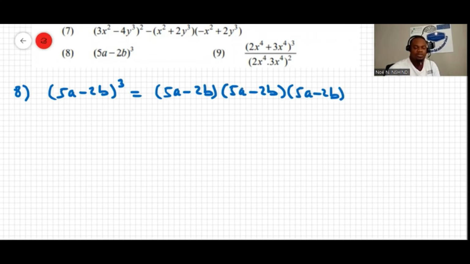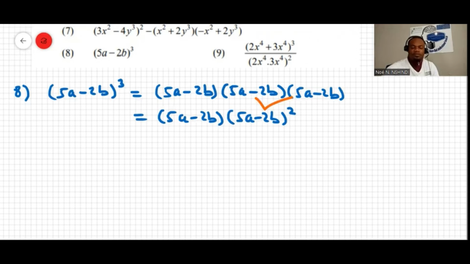Or we can say 5a minus 2b multiplied by 5a minus 2b squared, because all this makes 5a minus 2b raised to the power of 2. Now we can apply the special formula for the square. So we said a minus b to the power of 2 is equal to a squared minus 2ab plus b squared.